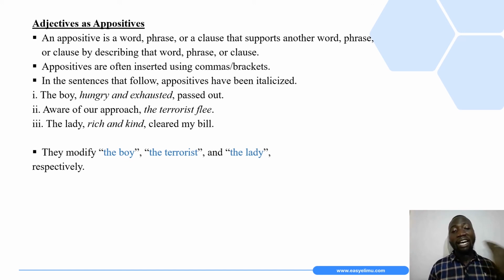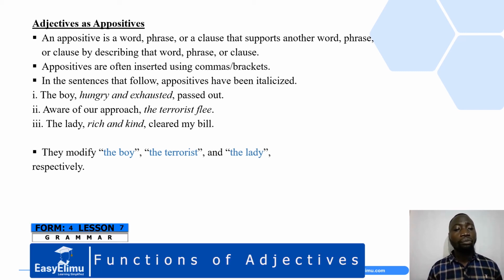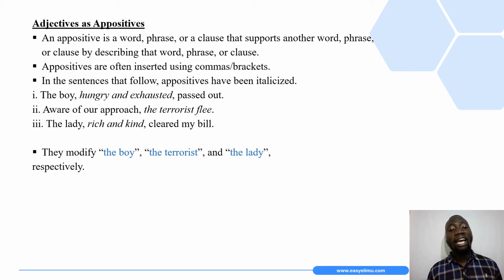So we have added the appositive using a comma. The second sentence, "Aware of our approach, the terrorists flee." A comma has also been used there to provide additional information. The third example, "The lady, rich and kind, cleared my bill."